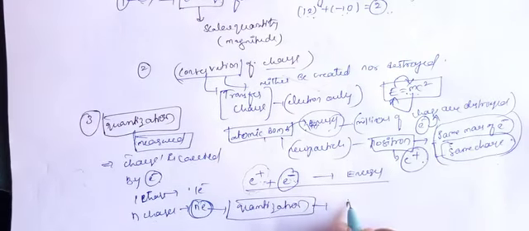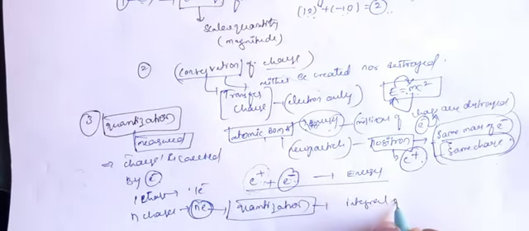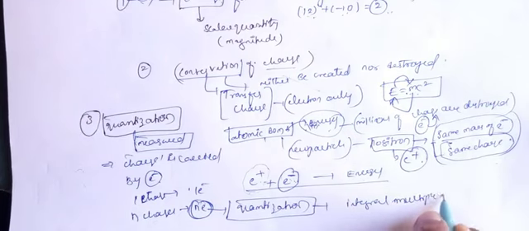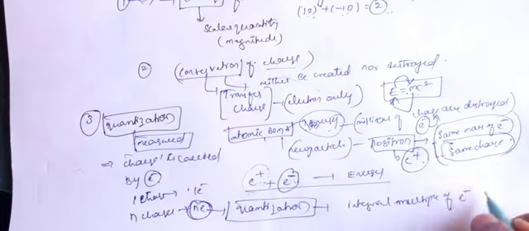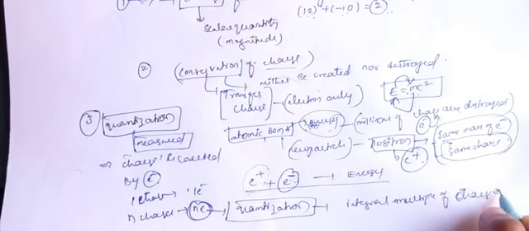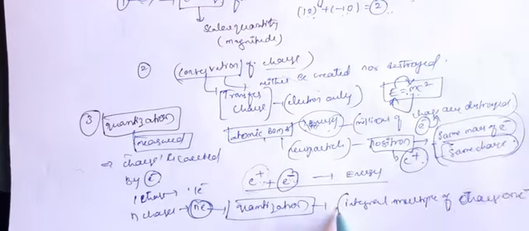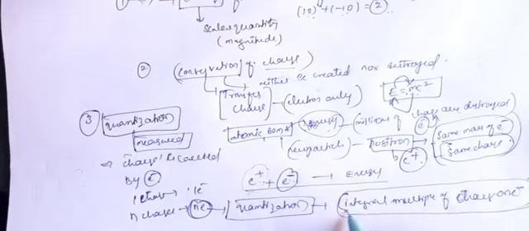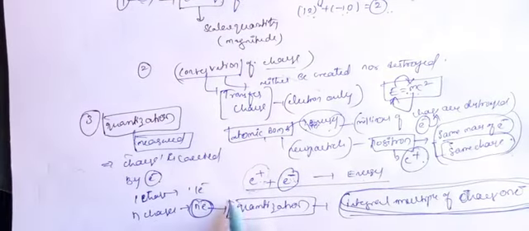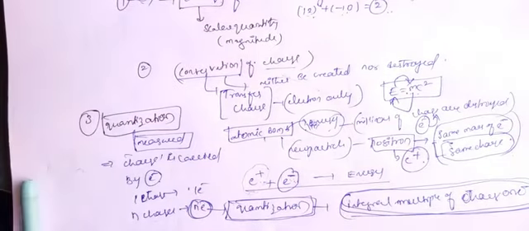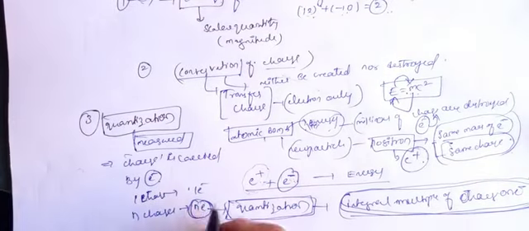Quantization means the integral multiple of the charge on the electron. Integral multiple of charge on the electron gives the quantization. Here n is the integer.